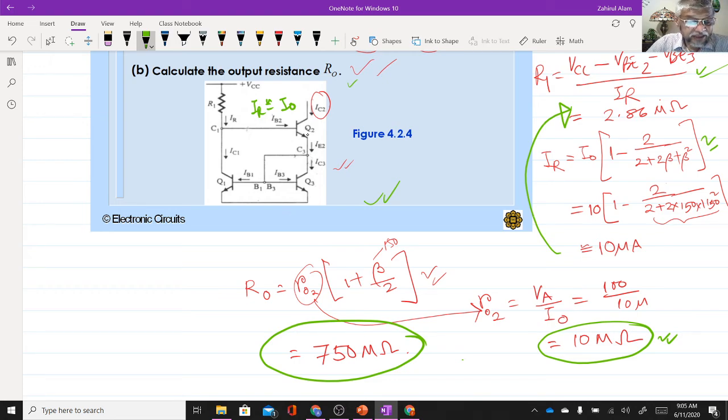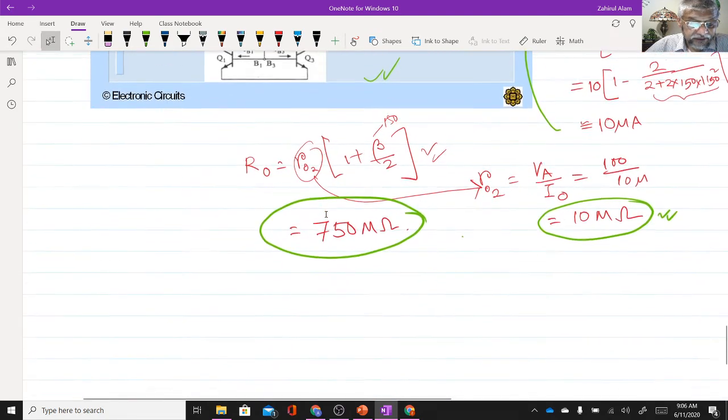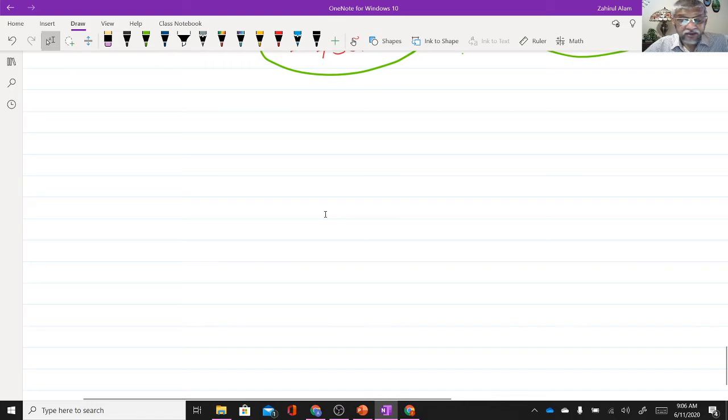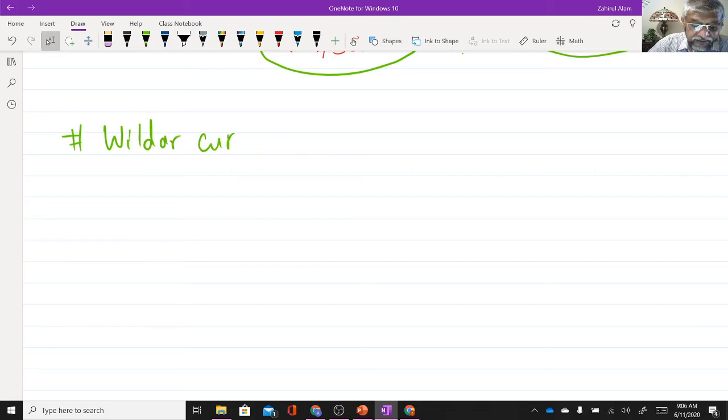So now we finish this Wilson current source, and as I mentioned, in transistor we are going to study 4 configurations. So this is the third, and the fourth one is the Widlar current source.